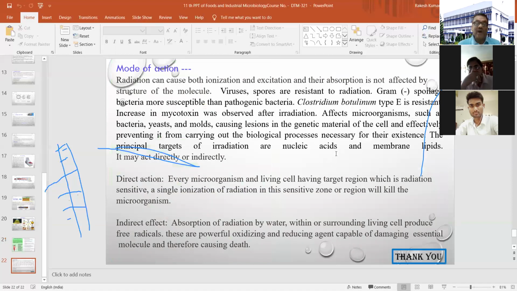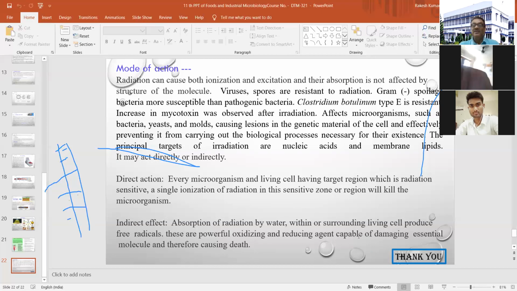Now something about the mode of action, how it is affecting different microorganisms. For selecting any type of preservation system, we must keep in mind what the actual problem is, or what type of condition is created by that particular method. Radiation can cause both ionization and excitation, and its absorption is not affected by the structure of the molecule.